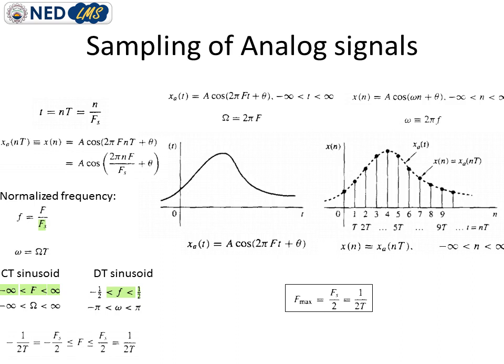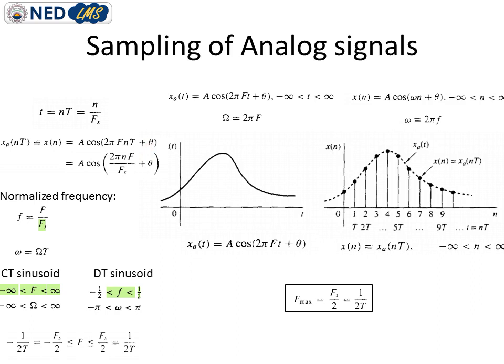So we can replace xa of t by xa of nT in the expression. Here you can see A cos(2 pi F t plus theta), where t is replaced by nT because we are sampling this continuous time signal, and theta denotes the phase shift.